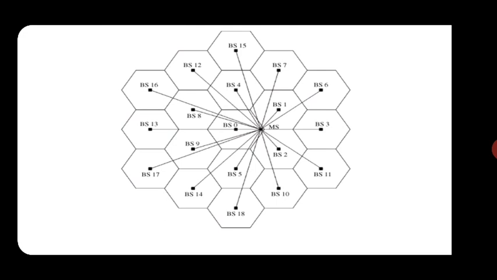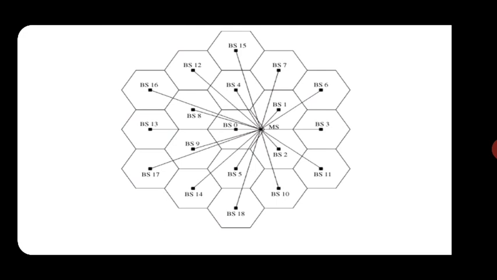If the user is roaming, the frequency is being captured from BS0. As the user is moving towards one of the cells, the corresponding frequency will be getting changed. That is what we call frequency hopping.